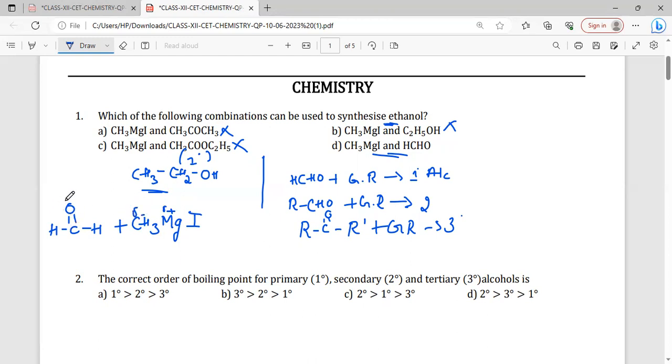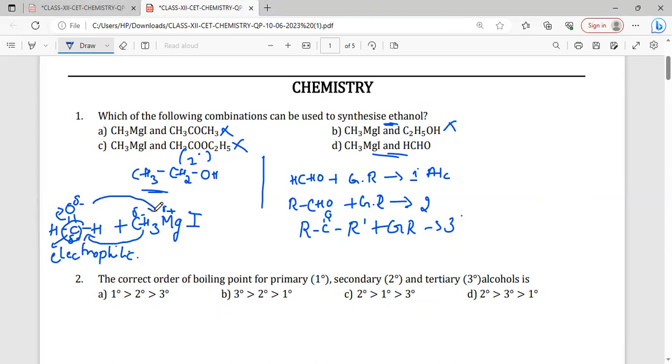Now this carbonyl bond is polar. This bond shifts and you'll be having negative charge over oxygen, positive charge over carbon. Your carbon in carbonyl will always act as an electrophile, electrophilic in nature.